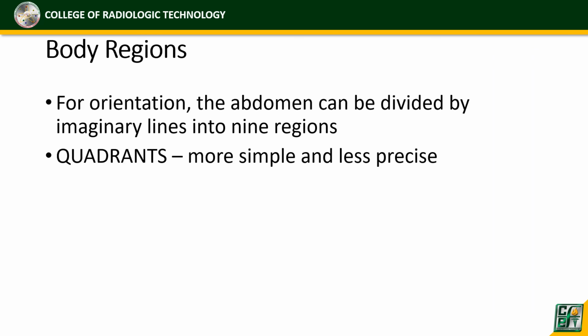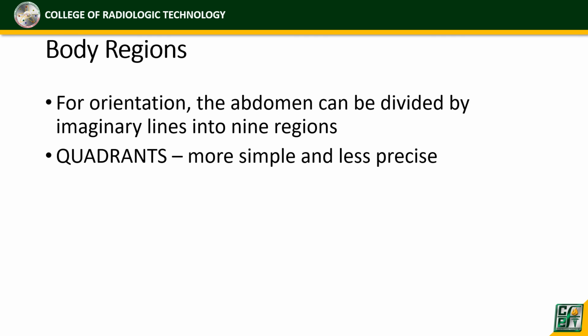Next is the body regions. For orientation, the abdomen can be divided by imaginary lines into 9 regions and 4 quadrants. The 4 quadrants are simpler, however, less precise.